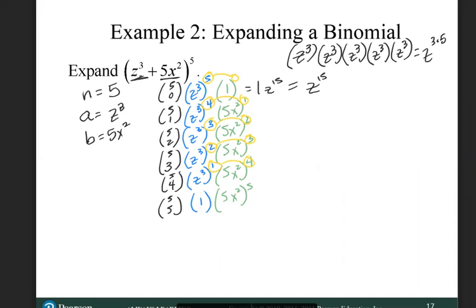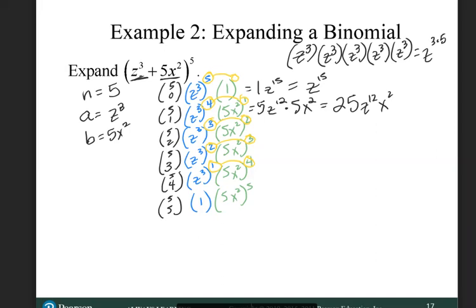Our next term, 5 choose 1 is 5. Z to the 3 times 4 is 12 times 5x squared. 5 times 5 is 25. Z to the 12th x squared. You can put those in alphabetical order if you'd like.